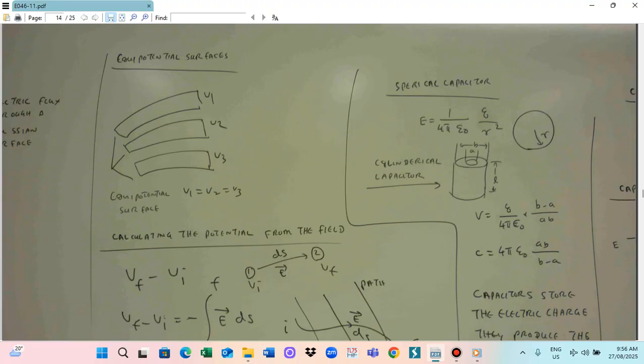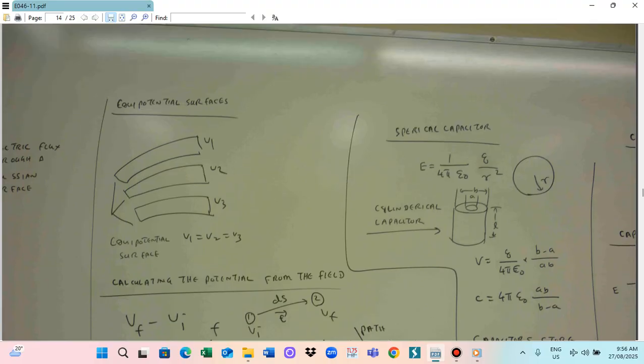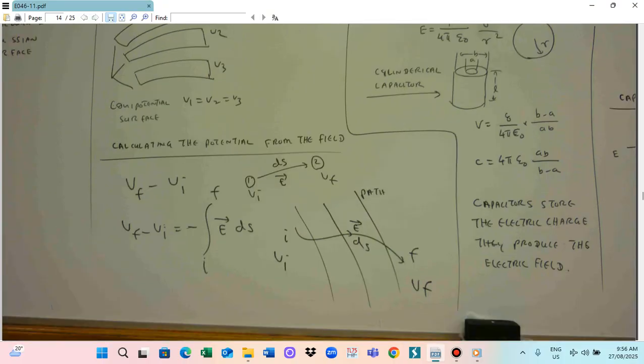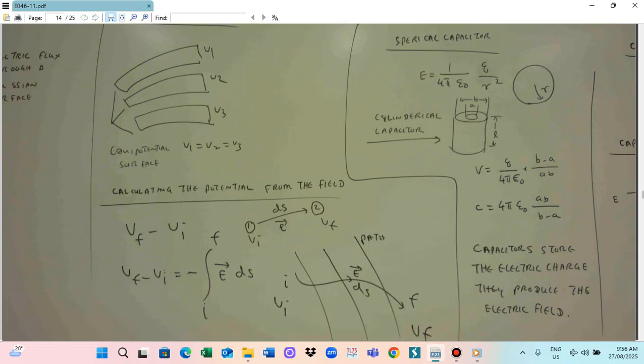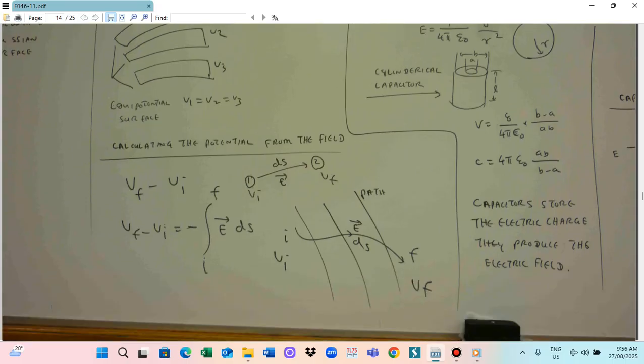In this case, the field goes from one point to another. This is the difference of the final voltage minus the initial voltage. We are going from point 1 to point 2. This is the initial point, Vi. Here is the final point, Vf. So when we are moving from one point to another point, the potential will be changing. So this changing of the potential can be calculated.